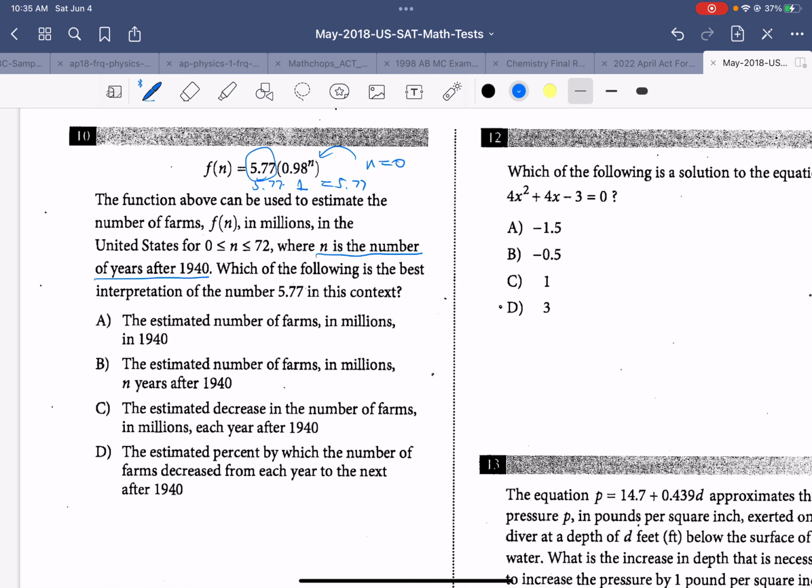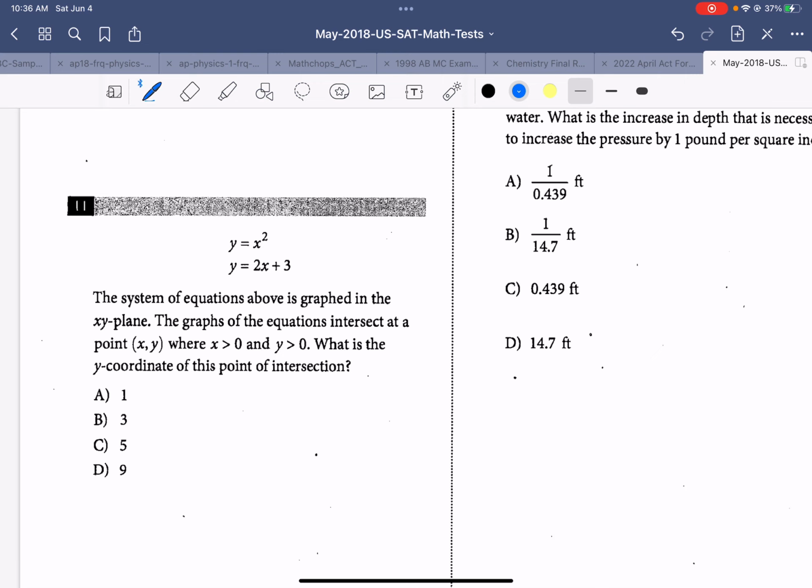Number 11. You have a system of two equations. So when you graph, the graphs of the equations intersect at x and y. So that's in quadrant 1, they have an intersection. Now, what is the y coordinate of the intersection? So to find the intersection coordinate, you set them equal to each other. x squared equals 2x plus 3.